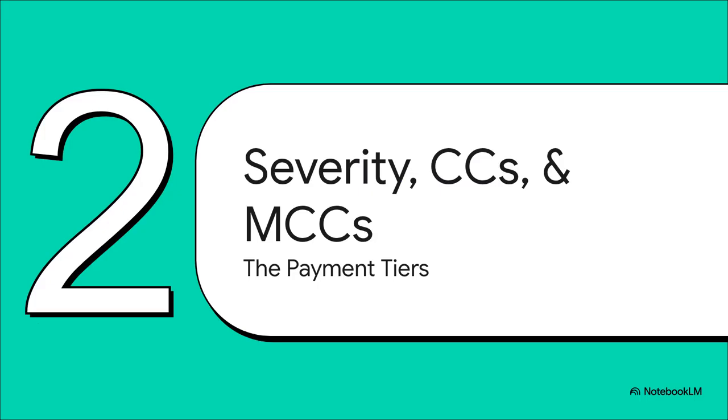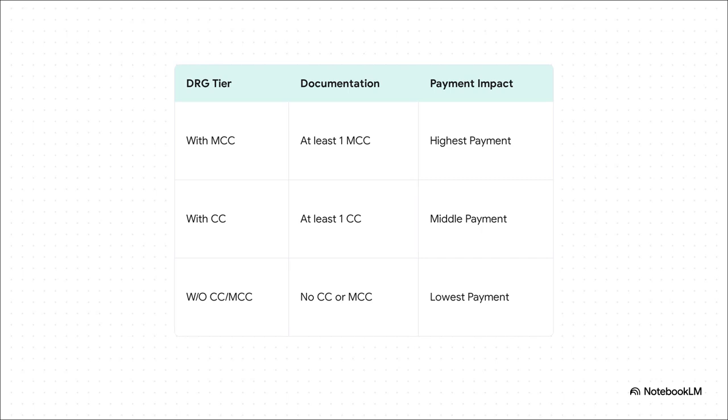Now, let's move on and look at how this all builds into severity multipliers, because honestly, this is where the magic happens. These severity multipliers are the true moneymakers in the IPPS. Once we know the base DRG, we have to determine, well, how sick was the patient really? Almost every base DRG is split into 3 tiers based on secondary diagnoses.